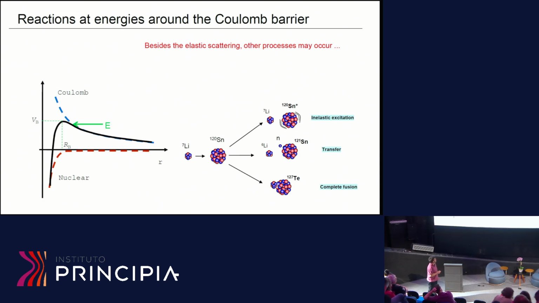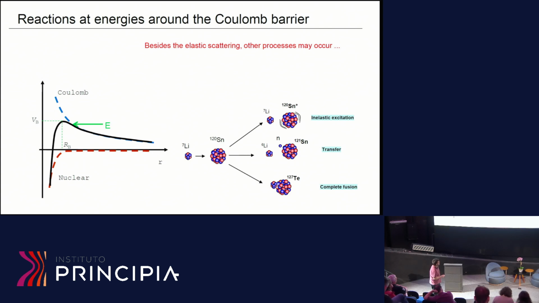Other processes may occur. If you have lithium-7 on tin-120, for instance, we can have the excitation of the projectile or the target or both, and this is something that we can measure very easily. We may also have transfer, so we can transfer a neutron or proton or deuteron or whatever, and we can have stripping or pickup.